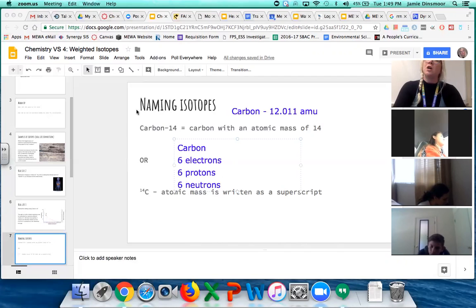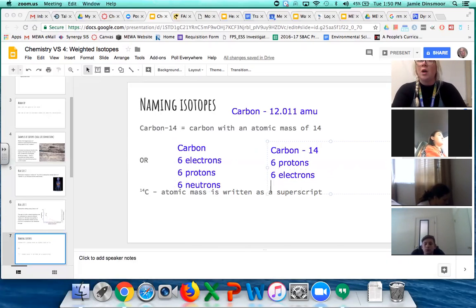Well, if we're talking about carbon 14, which now weighs 2 units more, how many neutrons would we have in a carbon 14 molecule? We would have 8. So in carbon 14, we're going to still have 6 protons, 6 electrons, right? It's still neutral. But now we have 8 neutrons.